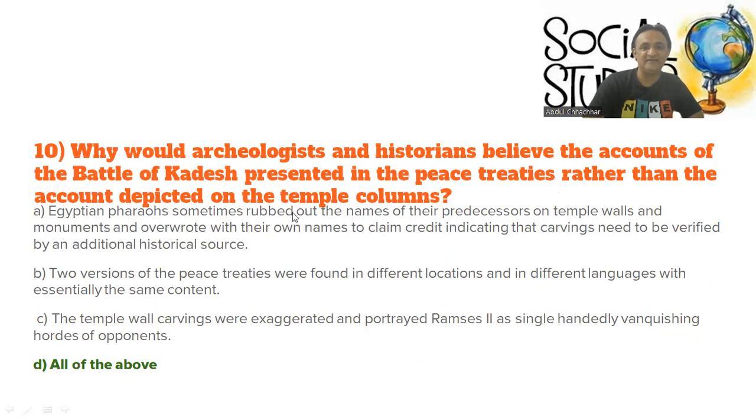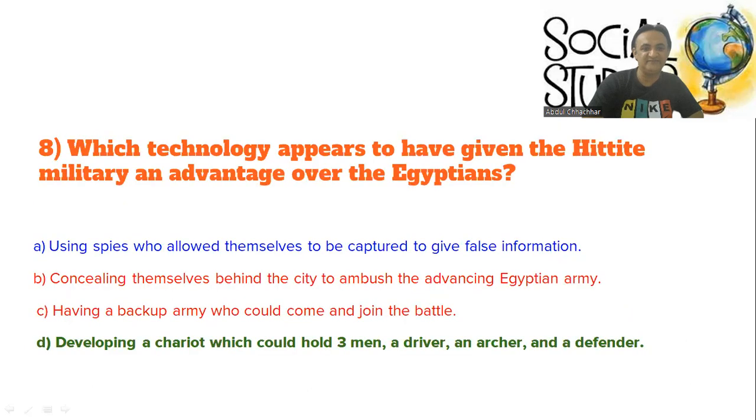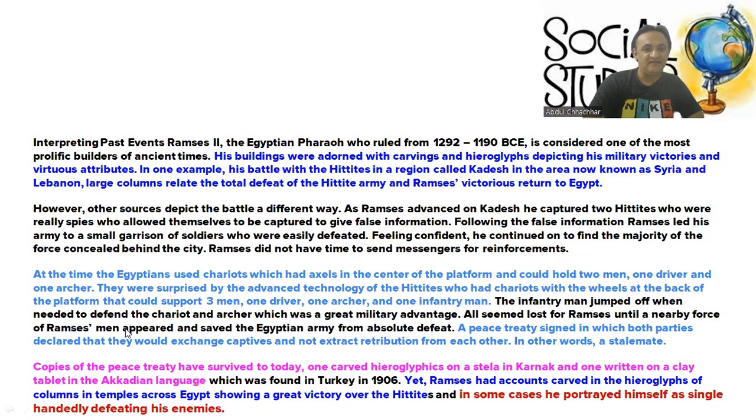Egyptian pharaohs sometimes wrote out the names of their predecessors on temple walls and monuments, overwriting them with their own names to claim credit, indicating the carving. The captives of the peace treaty have survived today: one carved in hieroglyphs, a stela in Karnak, and one written on a clay tablet in the Akkadian language.